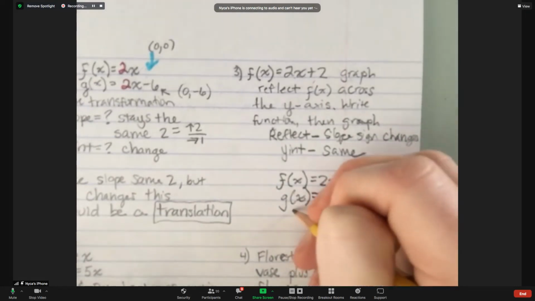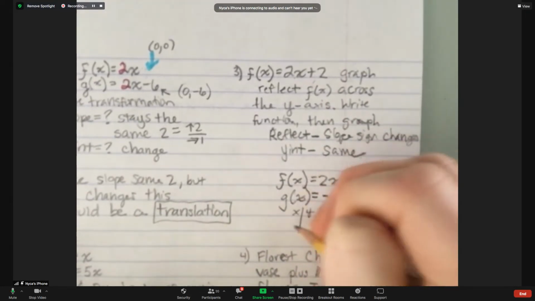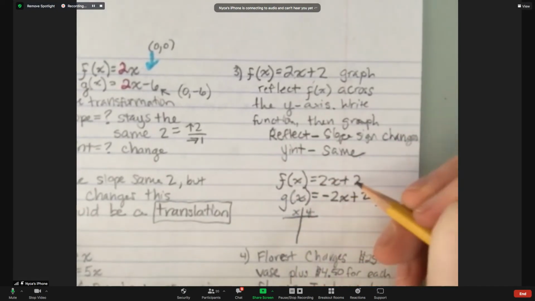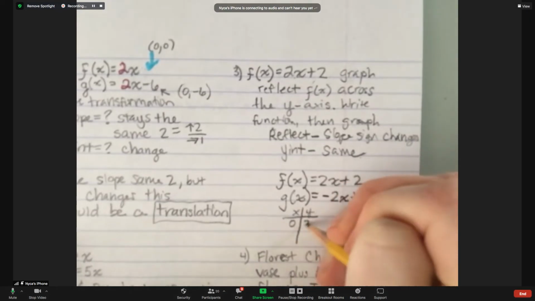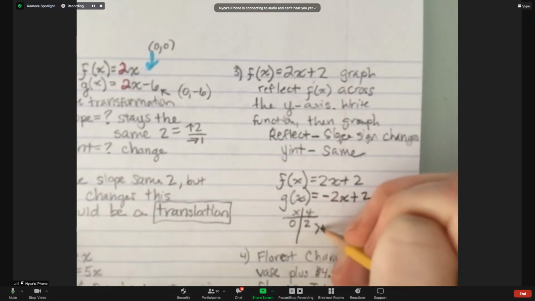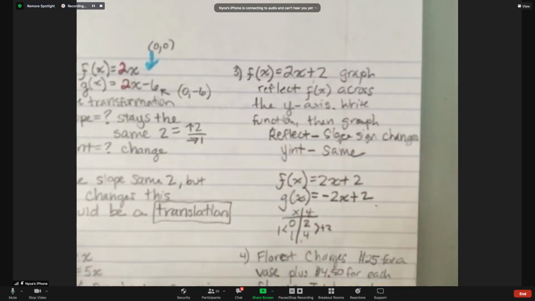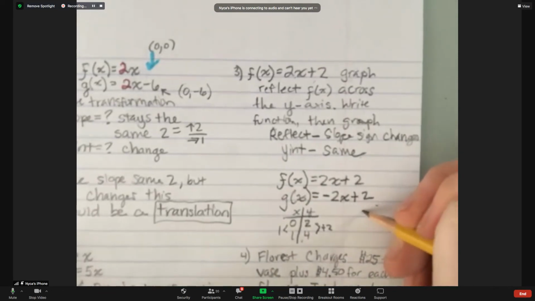And so if I were to do a t-table for the f of x, let's just say I didn't know how to graph it, I need to do a t-table. What you would do is your y-intercept is at 0, 2, your slope is 2, so plus 2, plus 1. My next point would be at 1, 4. Plot those. Now I have f of x done and can easily graph it.